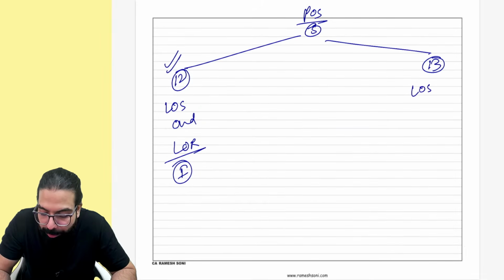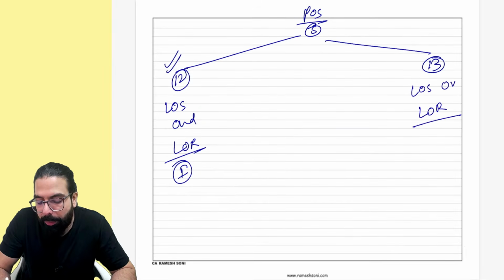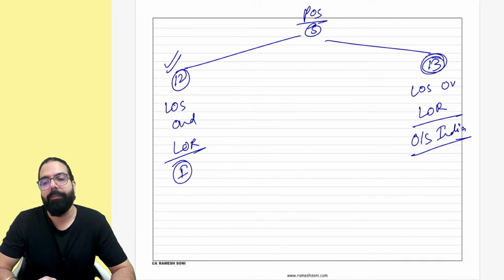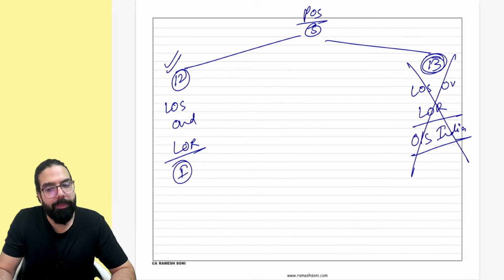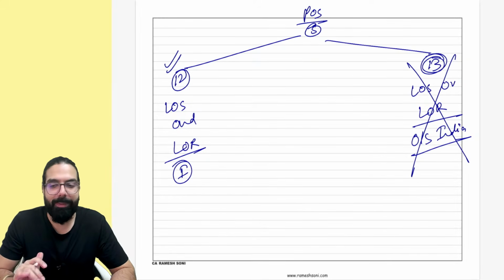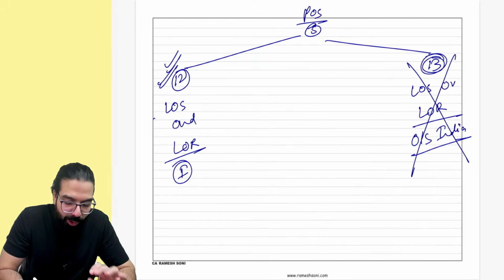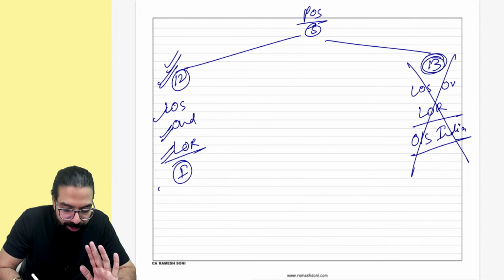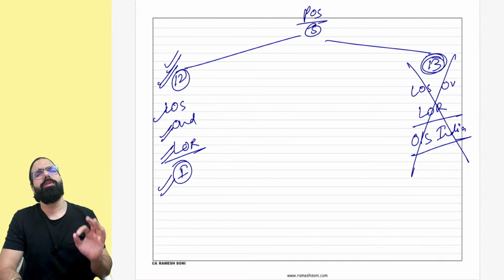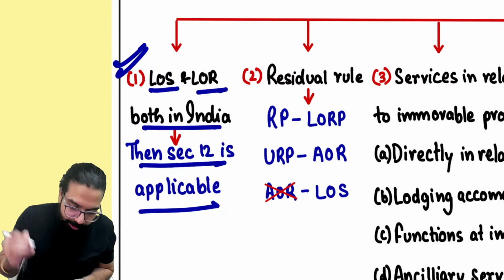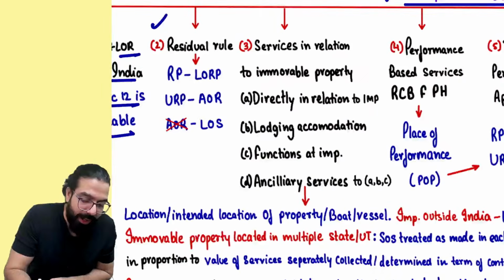Whenever location of supplier or location of recipient, anyone is outside India, then 13 is applicable. But 13 is not a part of your syllabus and hence only 12 is applicable to you guys. 12 says if location of supplier and the location of recipient both are in India, place of supply will be in India. Done, sir. This point is clear. Now here, let's try to find out place of supply. This is general rule.